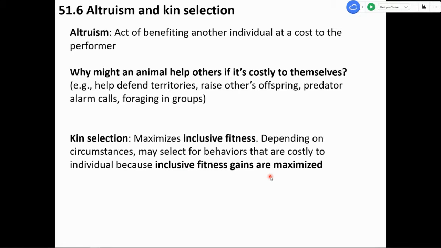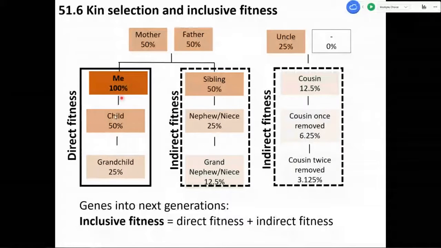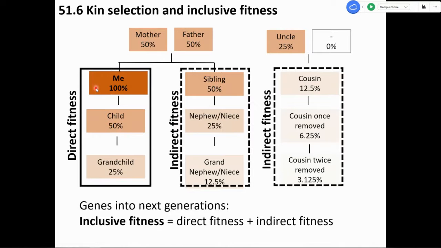So what do we mean by inclusive fitness? Because remember, you're trying to maximize your own fitness here. This is an example of inclusive fitness. Think about how related you are to different individuals in your family. If this is me and I have a child, that child is 50% related to me. And if I have a grandchild, it's 25% related to me. This is how my genes get passed on to future generations, which is my evolutionary fitness.